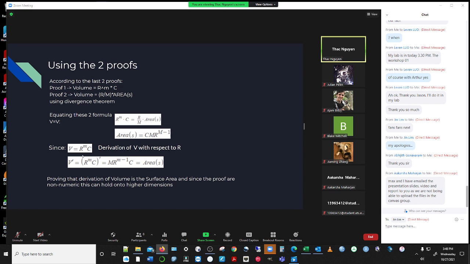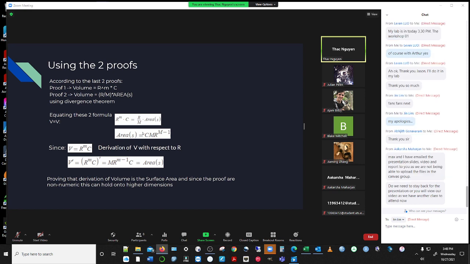Since the volume is equal to r to the power of m times c, we can derive this formula by differentiating V with respect to r, which brings m to the front, and m minus 1 gives us m times r to the m minus 1 times the constant, which is the area formula. So this proves that the derivative of the volume is the surface area.